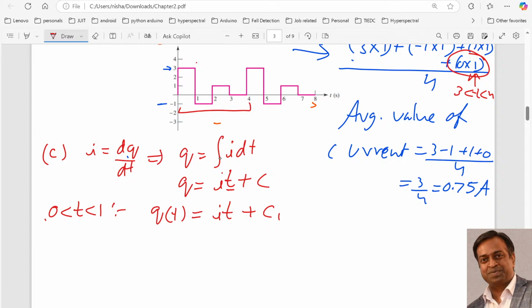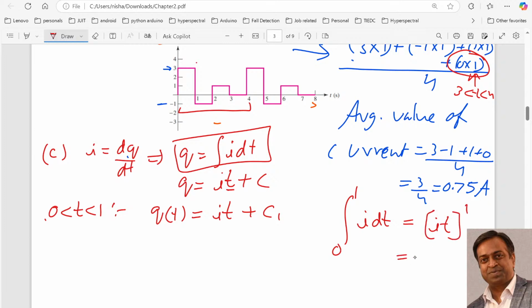If we do this integration, i dt, for the range 0 to 1, then we get the answer it, with the limits 1 and 0, and substituting the value of t we get i minus 0, which is i.